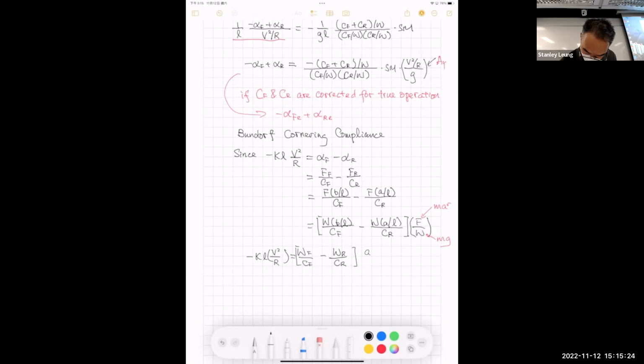This is the AR over G, and actually this term is AR. Okay, so these things cancel out.